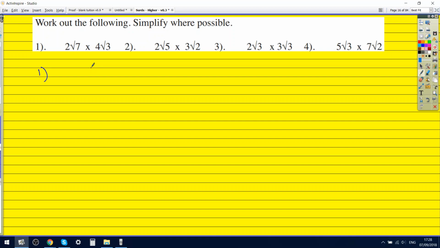You're doing 2 times the square root of 7. So you can't do normal number times normal number. If I was to write it the long way, it would be 2 times root 7 times 4 times root 3. We can't multiply a normal number by a square root number. We can rearrange it though. So it's the same question, just written a different way. How would you do that? Or what would be the answer?